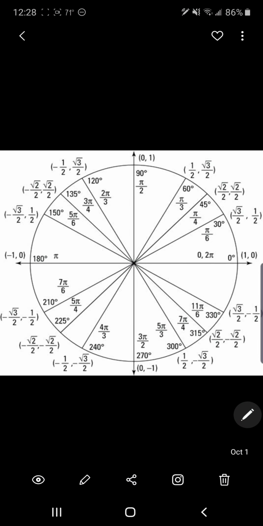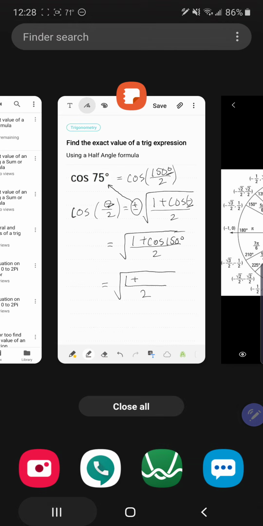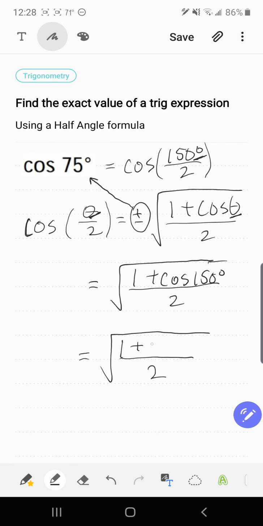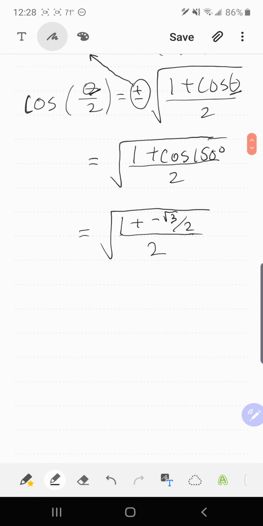So opening our handy-dandy unit circle, we see the x-coordinate at 150 is negative square root of 3 over 2. That's going to give me negative square root of 3 over 2. And then I'm going to need to simplify this radical expression.